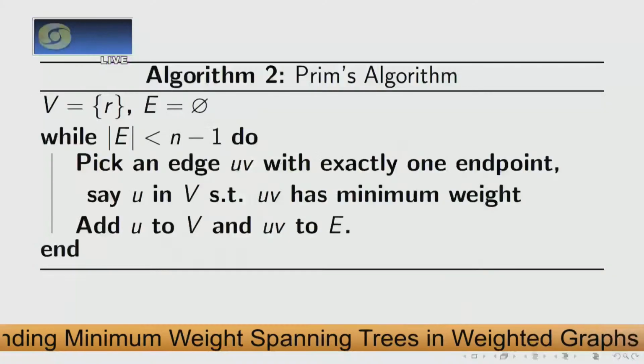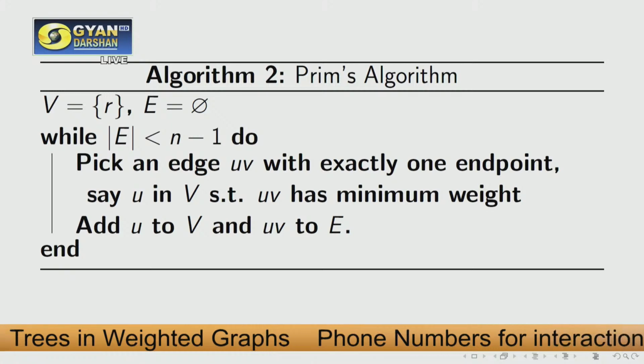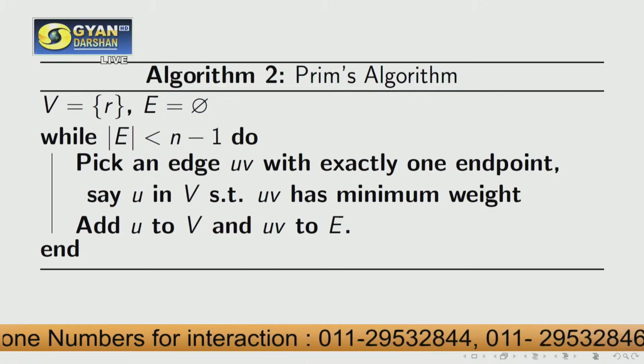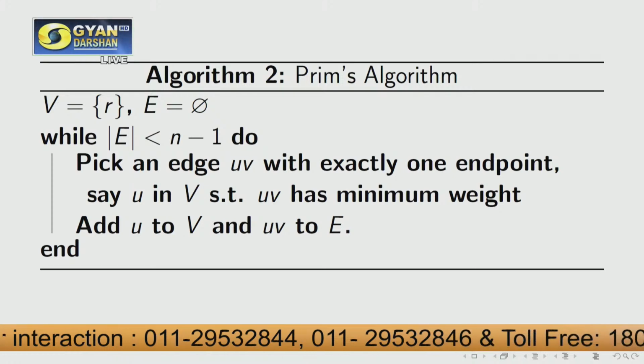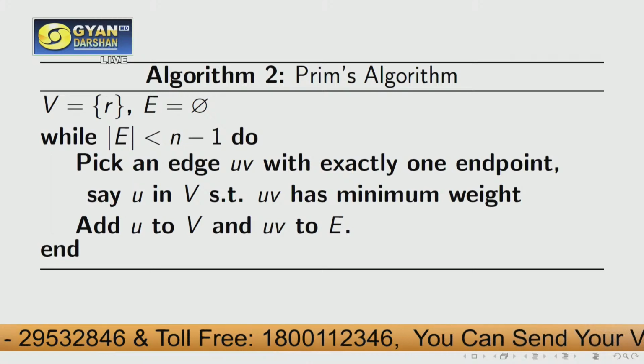Why Prim's algorithm works differently, and why it works correctly, is a different matter, and can be proved very easily. First let's look at the formal way of representing this algorithm. It takes two sets, the set V and the set E. The set V contains a single vertex in the beginning, and the set E is an empty set.